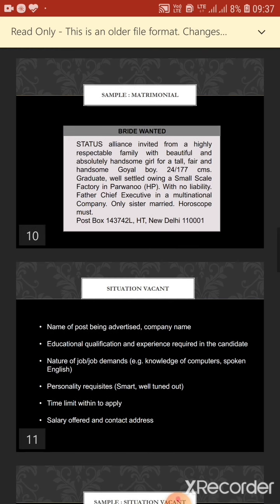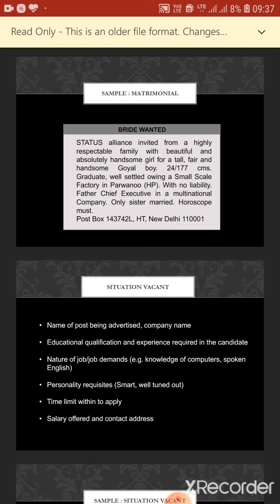So age and height should be mentioned. Graduate, this is the qualification, well settled, owning a small scale factory in Parwanoo, Himachal Pradesh.